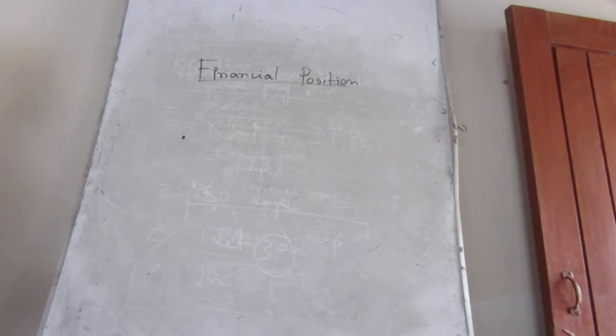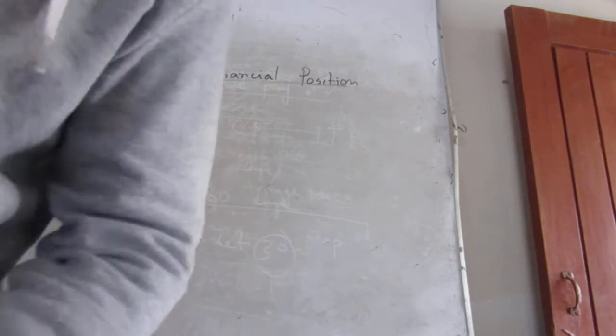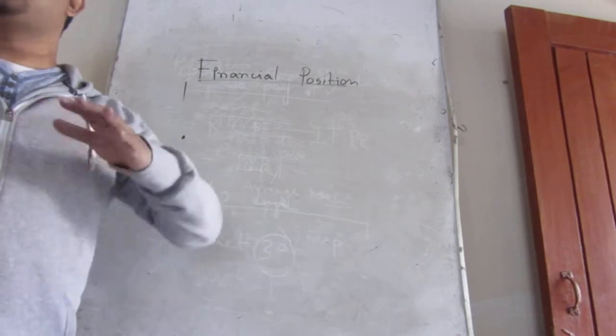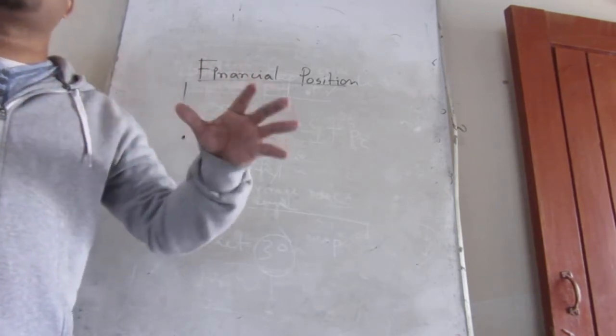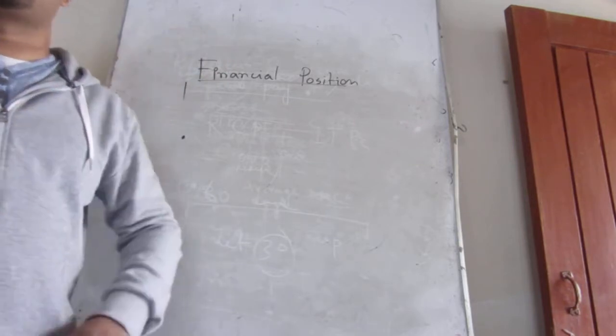Then last one is financial position ratio. Financial position ratio means through these kinds of ratio, financial position, whether I am financially strong or whether I am financially able to carry on my business.